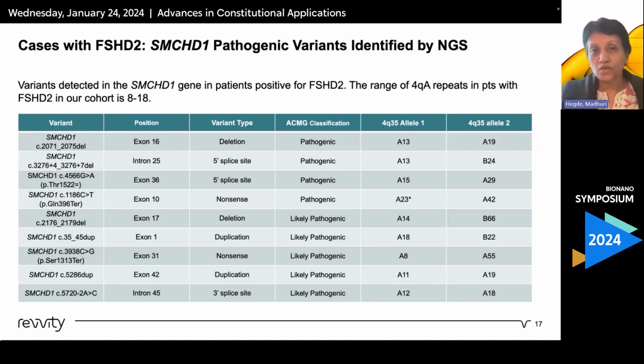In our cohort, as shown on this slide, the FSHD2 cohort has a repeat size of 8 to 18. And we have detected several individuals now with a pathogenic variant in the SMCHD1 gene, and then going on to looking at the 4q alleles using optical genome mapping.